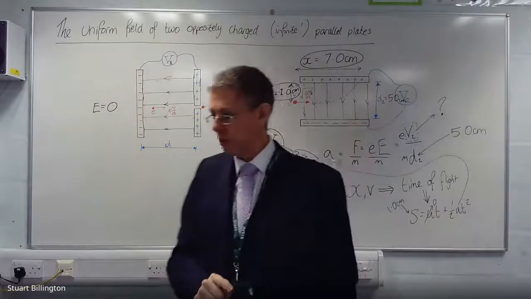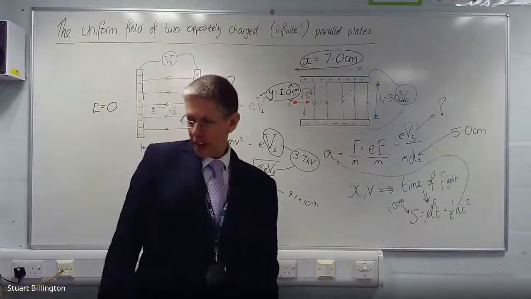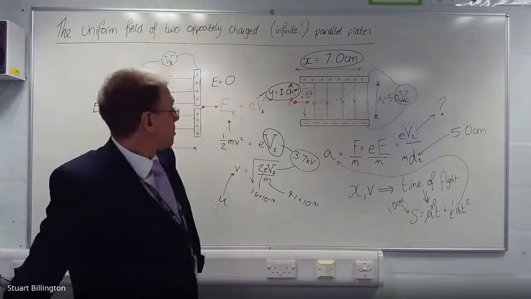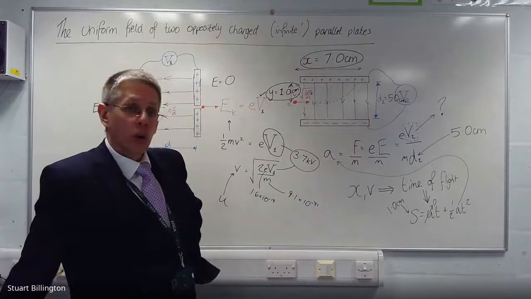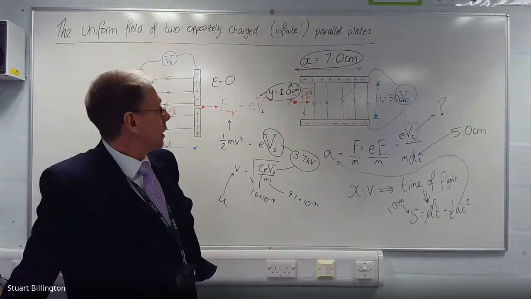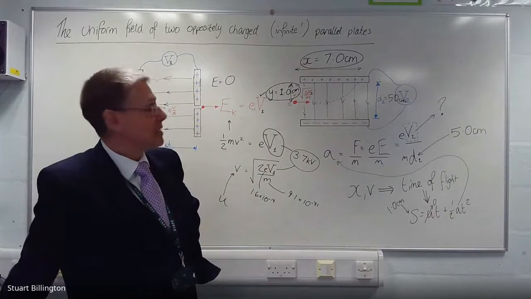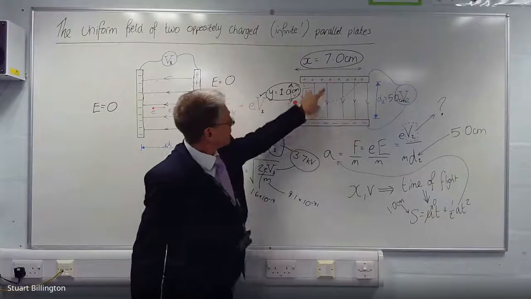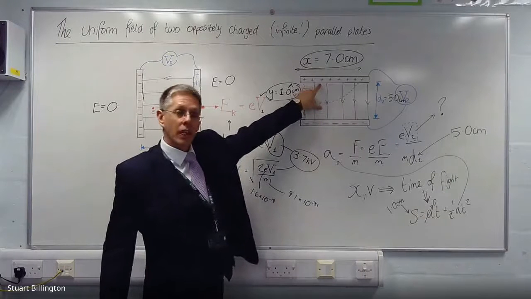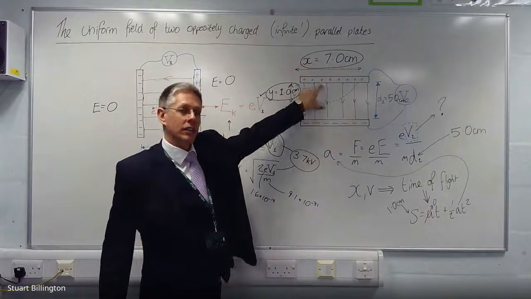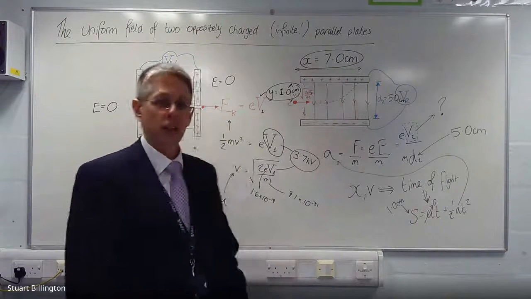Your goal, I don't think you'll have time in the 9 minutes that remains of today's lesson, your goal is to tell me what potential difference I have set the secondary power supply to, the one that's producing this electric field. What's the value of the potential difference?